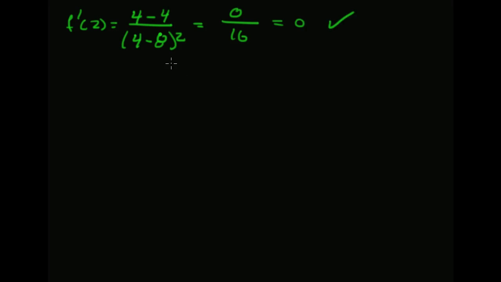So if k is 4, the derivative is going to be 4 minus 4 over 4 minus, and let's see, 4 times 2 is 8 squared, right? So this is 0 over 16, right? So that's 0, so that means I passed the first derivative test for an extrema, so there's going to be an extrema there.